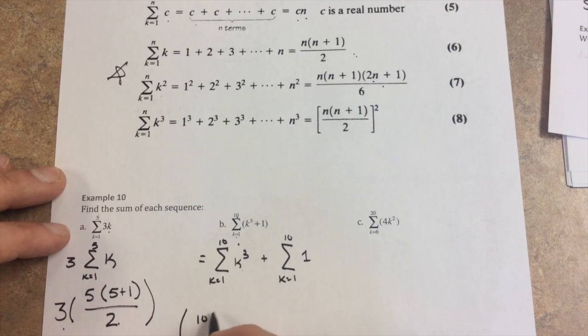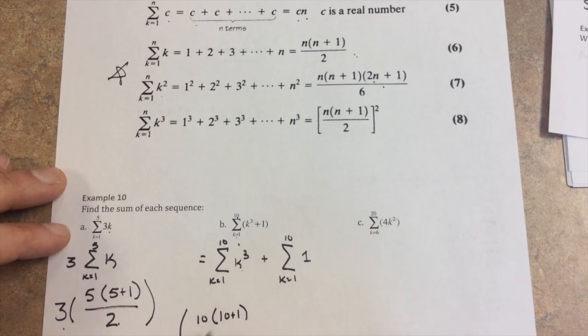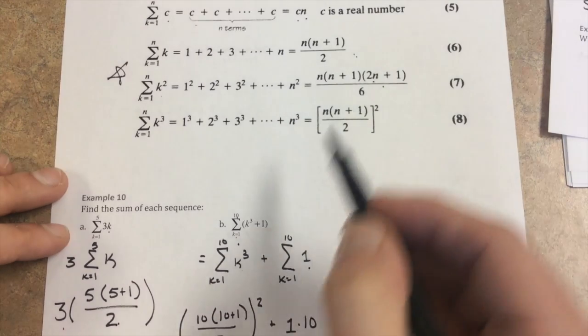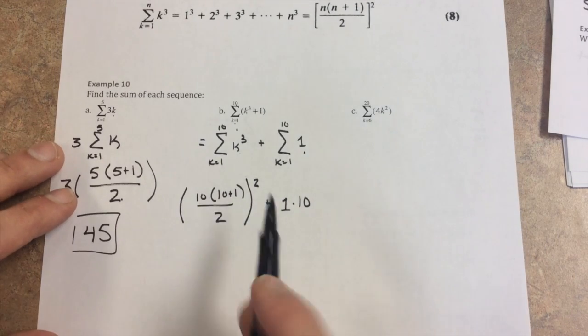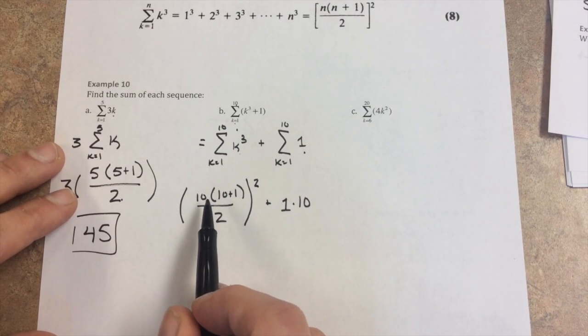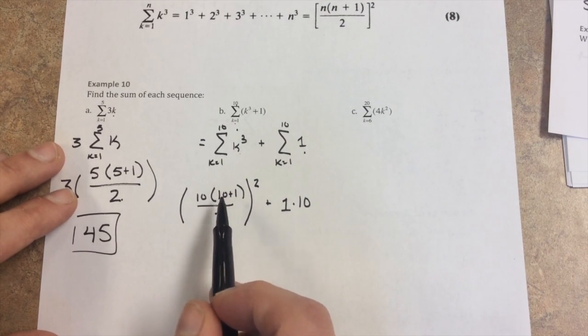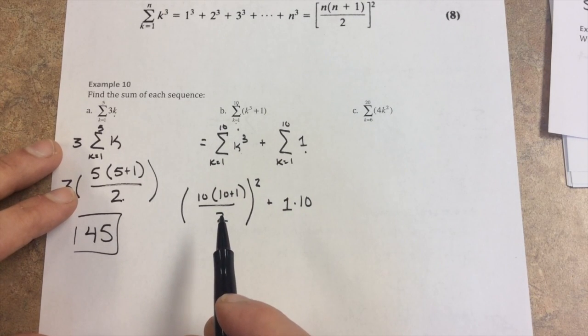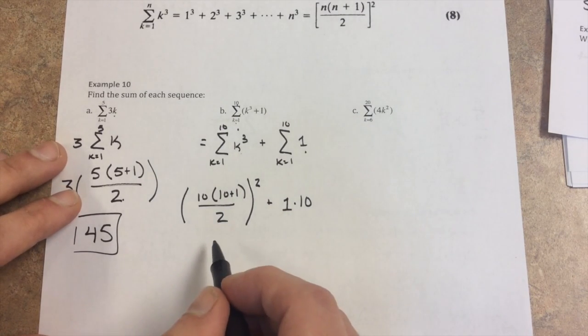And it's to 10, so I'm just going to plug that in. We have 10 times 10 plus 1 all over 2, squared, plus 1 times 10, because that's our 1, and our 10 terms is 10. So if I work this out, that's 10 times 11, which is 110 over 2.